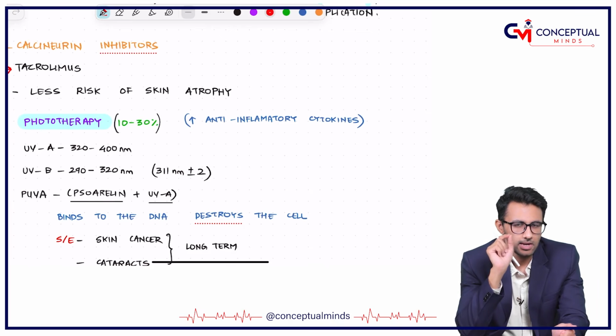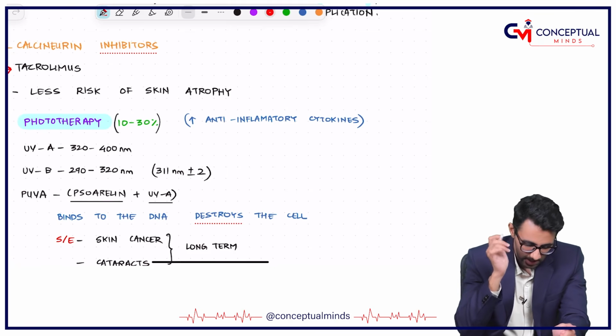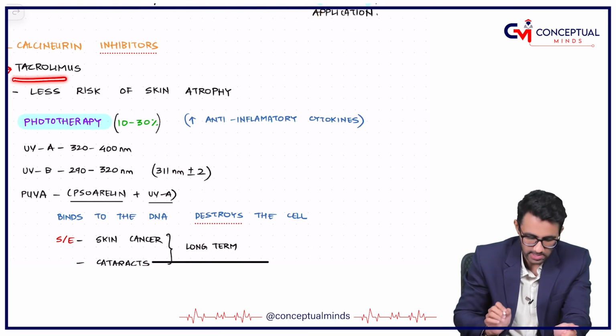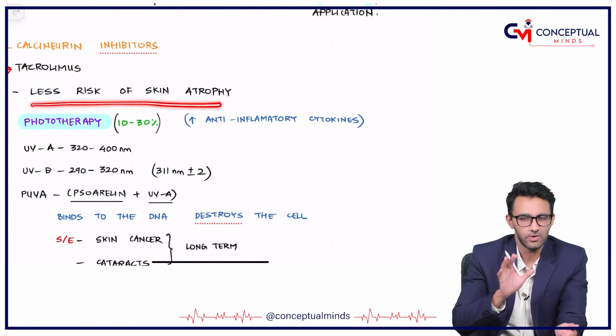It also predisposes to scars, acne, and hyperpigmentation. We know these are side effects of using steroids on the face or any other skin. So in that condition only, we would use tacrolimus, because of less risk of skin atrophy.